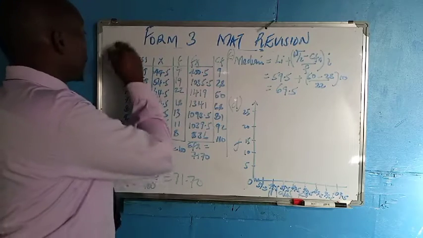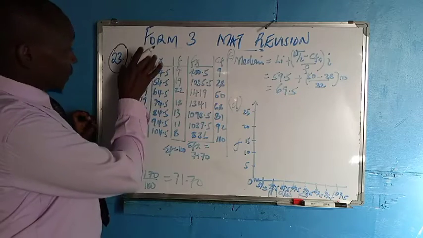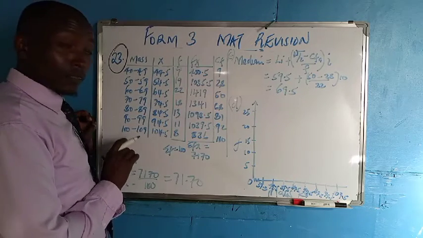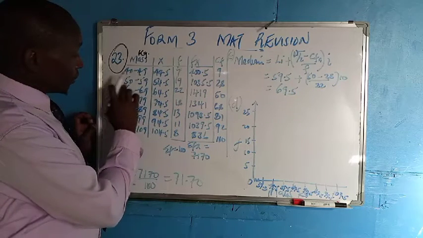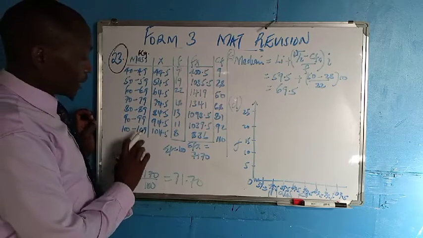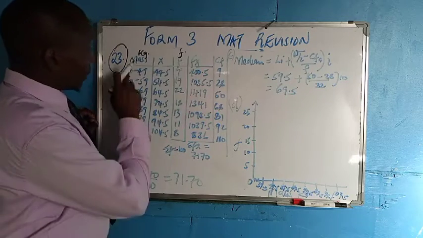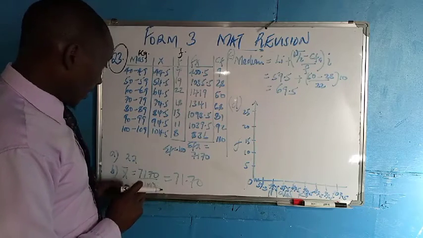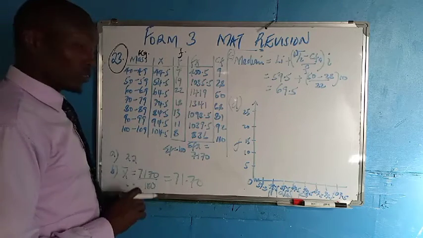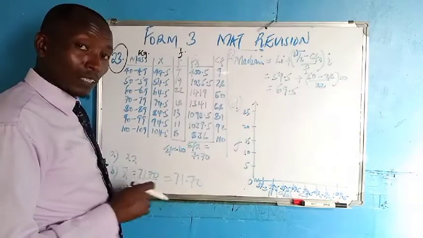Question number 23, statistics. With this one, you're given some masses. This is grouped data: masses in kg, 40 to 49, 50 to 59, all the way to 100 to 109. The frequencies were also given, for the first group 9, 19, 22, all the way to 8. The first question, the student was expected to state the modal frequency.